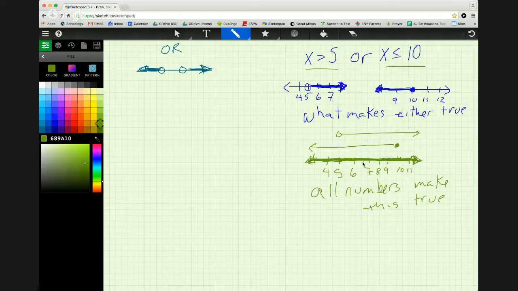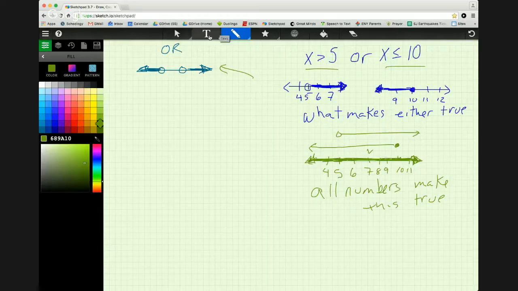So that works. 7 is greater than 5, and it's also less than or equal to 10, so 7 works. How about 0? Well, 0 is not greater than 5, but it is less than or equal to 10. So notice that the pattern that we had up here is not fulfilled here. This is a number line where everything is filled in.